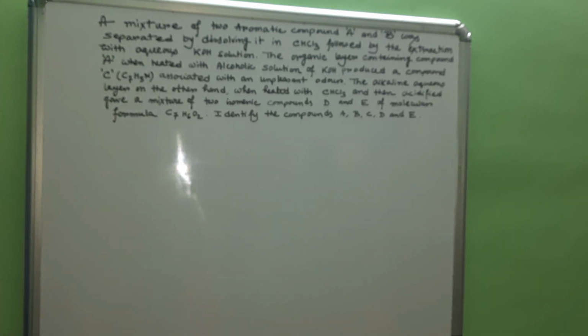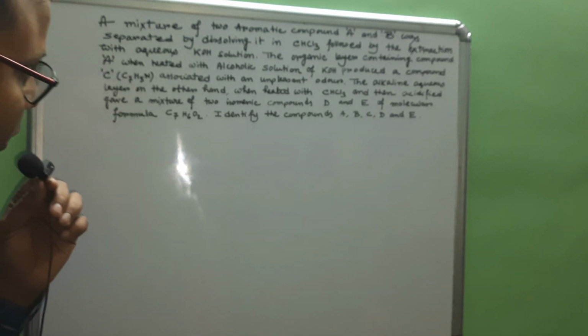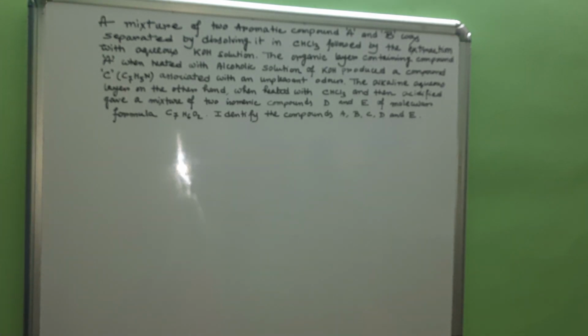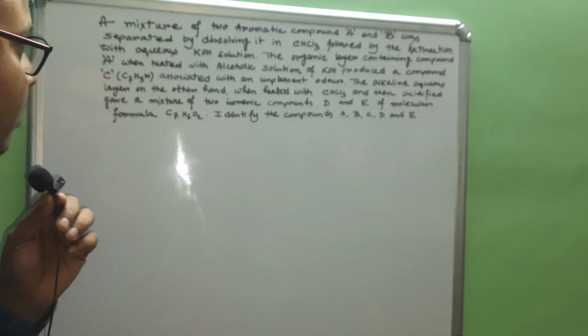The alkaline aqueous layer, on the other hand, when heated with CHCl3 and then acidified, gave a mixture of two isomeric compounds D and E of molecular formula C7H6O2. Identify the compounds A, B, C, D, and E.